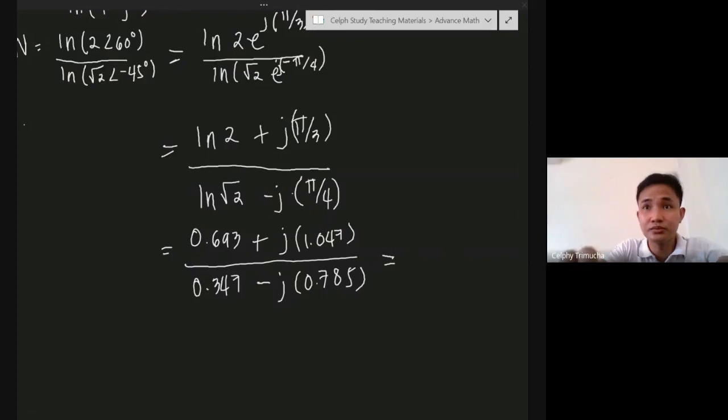ln 2 plus 1.047 all over ln square root of 2 plus 0.785.